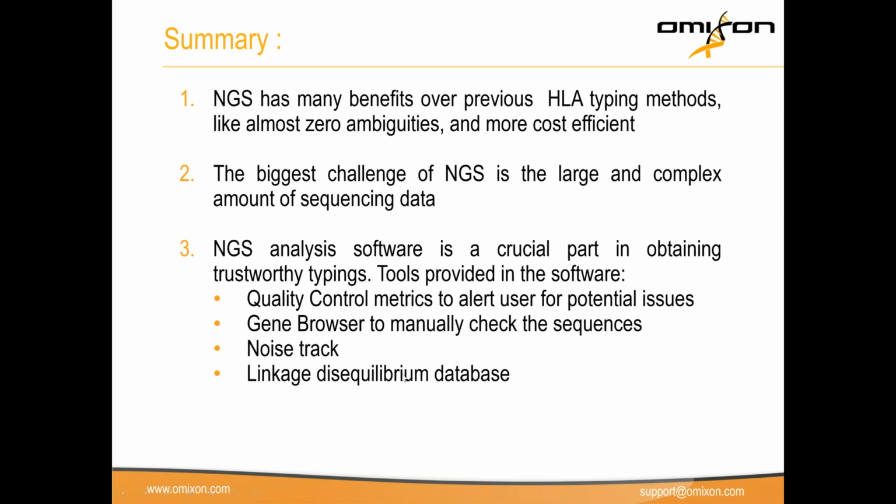I showed you the noise track within the gene browser to check for potential contamination, to check your noise level. And I showed you the linkage disequilibrium details table that uses the LD database to give you more confidence in your 11 locus typing.